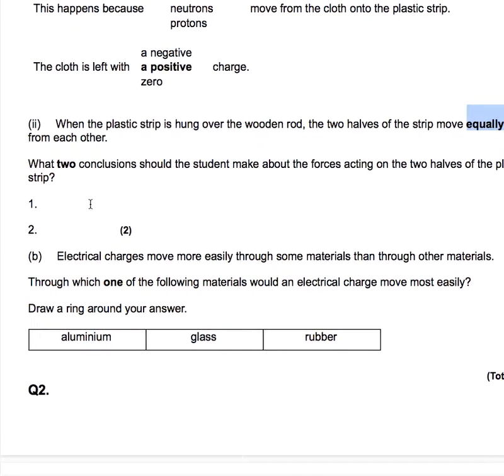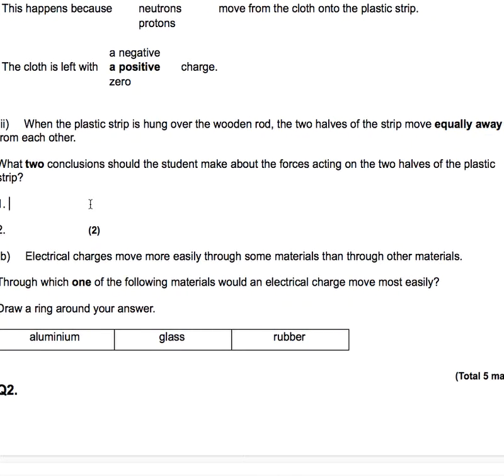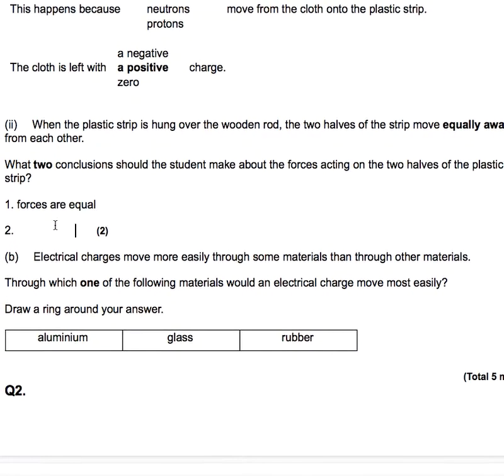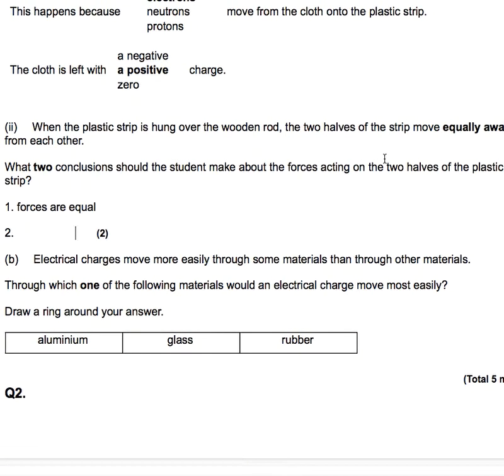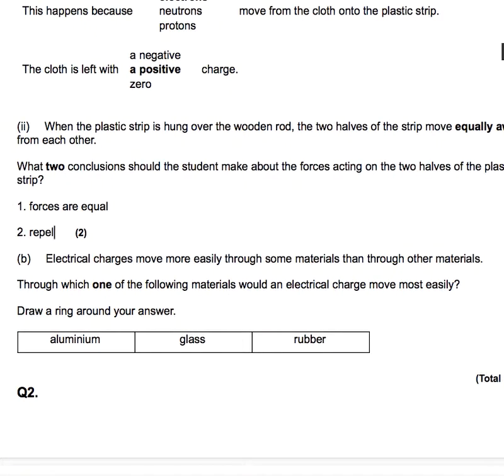So the first thing you're going to say, they are equal distances, and so the forces are equal. And the second key word, away from, well, they are repulsive, or words to that effect.